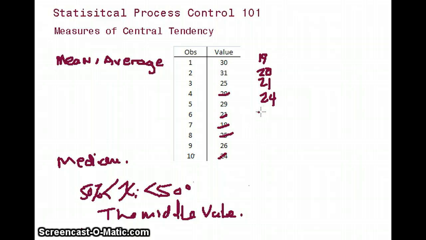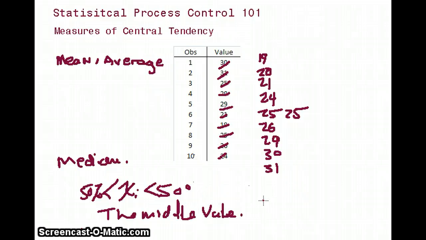And then 25. And then there's another 25. And then 26. And then 29. Then 30. Then 31.